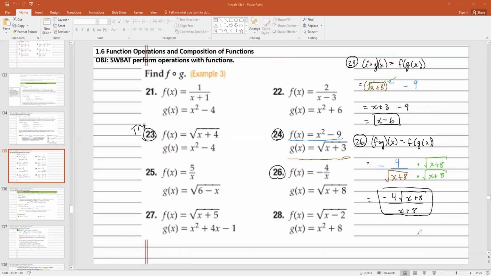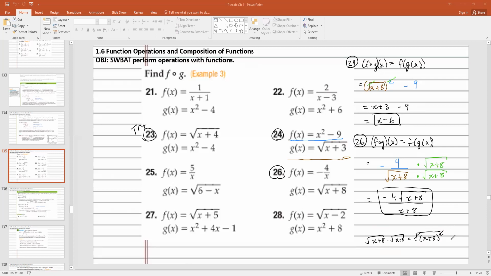And if you're wondering where the x plus 8 comes from, remember square root of x plus 8 times square root of x plus 8. That's like the square root of x plus 8 squared.